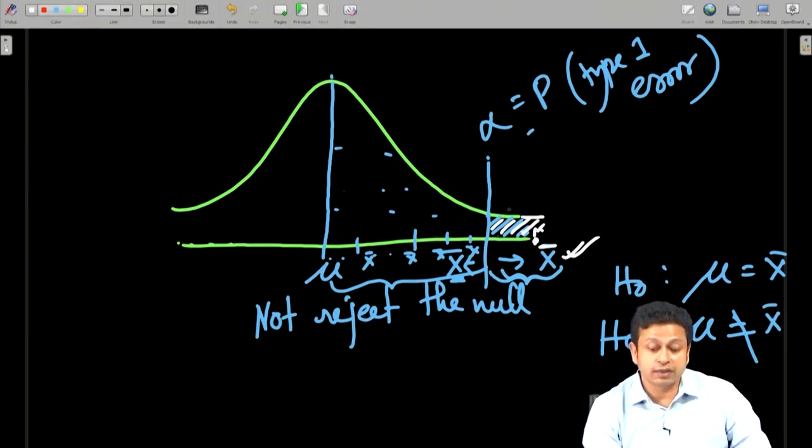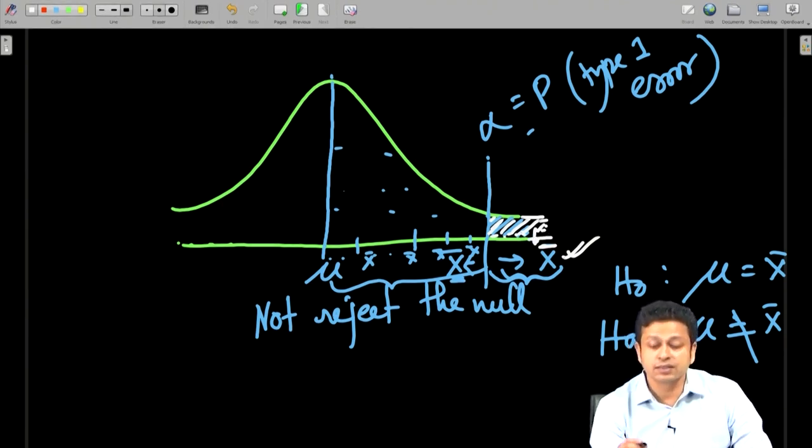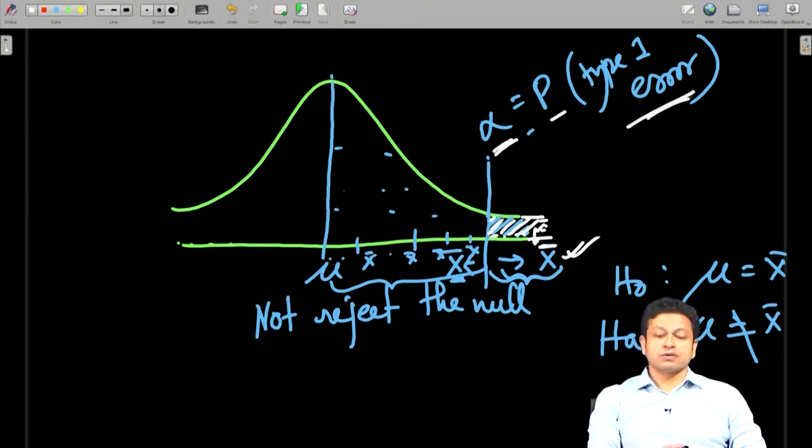So, for all these points where x bar can lie, and yet x bar becomes greater than alpha, or the value of x bar is on the right side of the alpha, we can say that it is wrongly done, and that is nothing but the type 1 error.